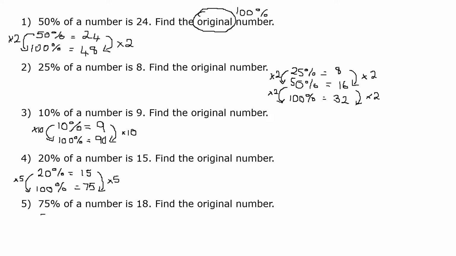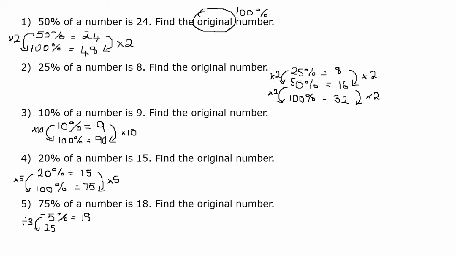And then number 5, we've got 75% of a number is 18. Find the original number. Now I can't actually multiply 75% by an integer to get to 100%. So I'm actually going to divide first, because I know that I can divide 75% by 25 and I can divide 100 by 25. In fact, 25 is the highest common factor of 75 and 100. So I know that there are 3 25s in 75.